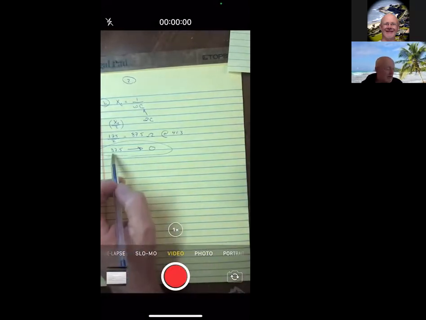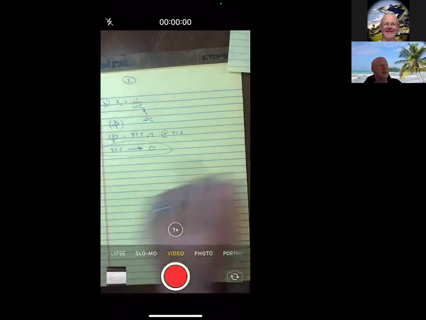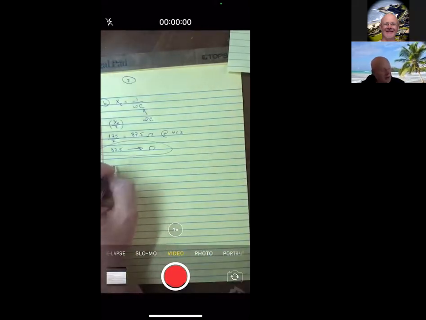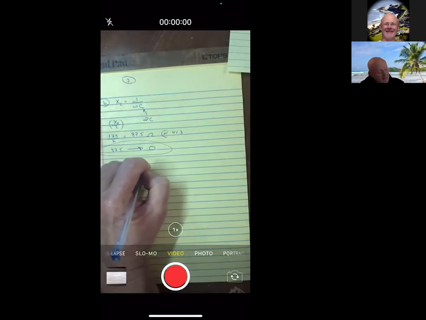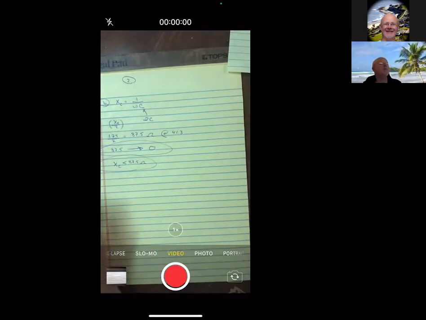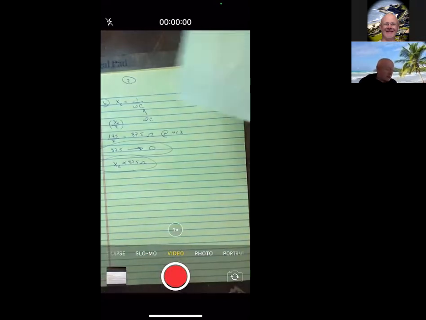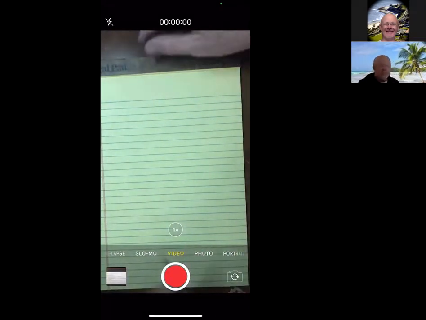So it would be from 87.5 on down. And let's see the answer. Yeah, so they write it this way, that the reactance would be less than or equal to 87.5 ohms. Good. All right, so that's how I would do the first one on your list, number 12.